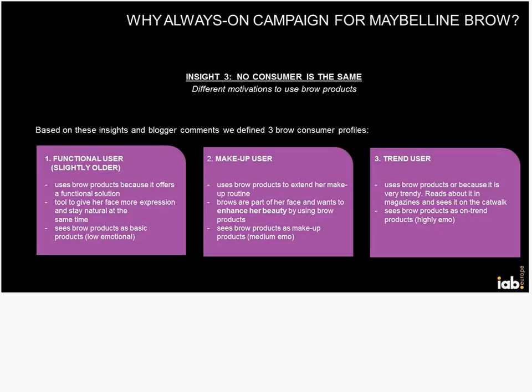There are women who are interested in the functional aspects of brows, for instance to fix their brows. There are makeup users looking for how to extend their expression in their face, and users who would basically do everything that the celebrities do, what is on trend. So these are the 3 groups we used throughout our campaign.